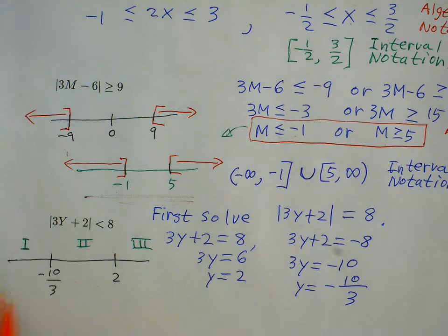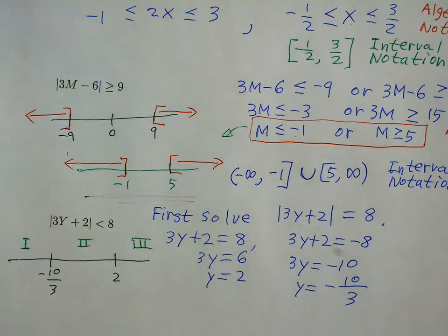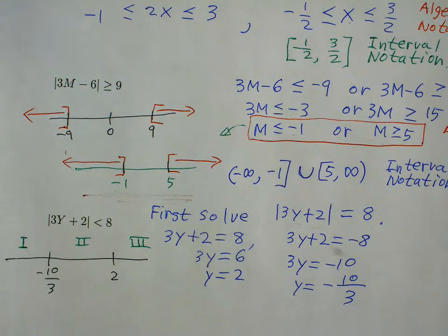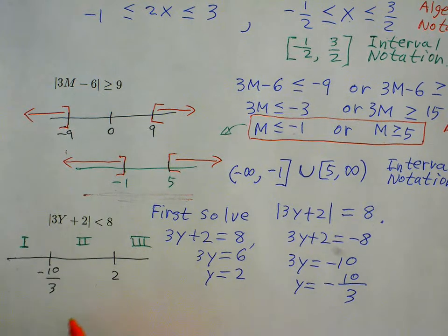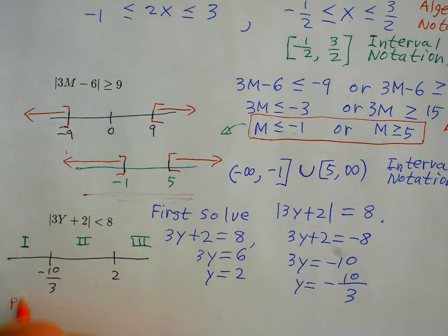We pick a test point from each of the 3 intervals to represent y, and then in the original inequality, we replace y with the test point, and then we determine if the resulting inequality is true or false. Okay, so we're going to pick test points in this method.